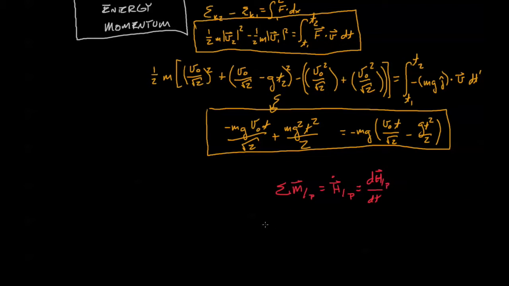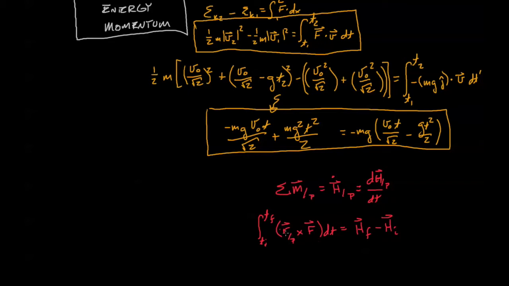And we know the moment is r cross f, so it's the integral from the initial time to the final time of the distance from point P crossed with the applied force dt should equal the difference between the final angular momentum and the initial angular momentum.